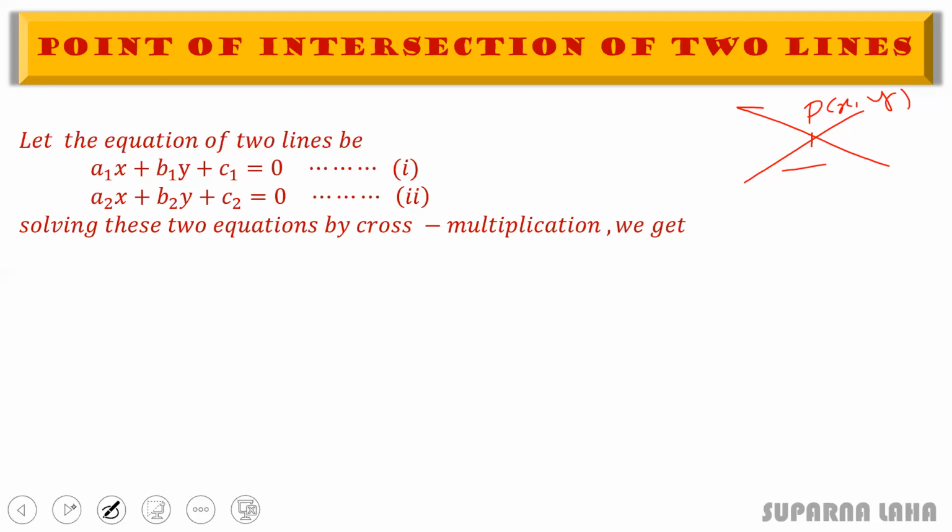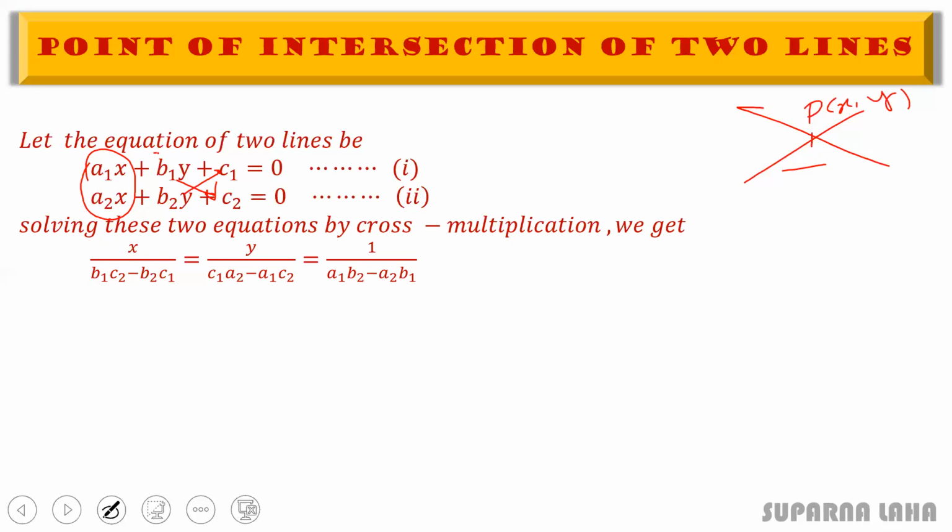So x by b1 into c2 minus b2 into c1, leaving the x coefficients, and y by leaving the coefficient of y and cross multiplying the others, that is c1 a2 minus a1 c2, equals 1 upon the constant term, a1 b2 minus a2 b1.